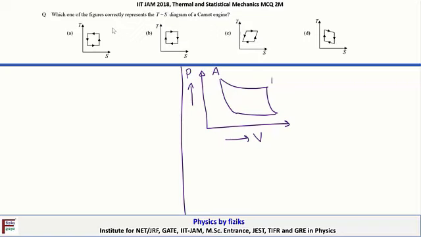Here process A to B is an isothermal process which takes place at temperature T1, and during this step a given amount of heat is transferred to the working substance at temperature T1.